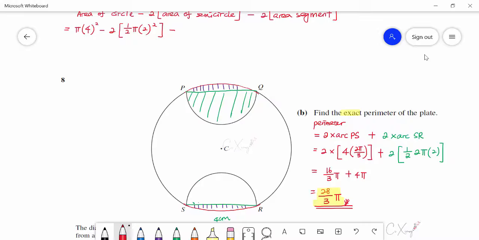So to get a segment, generally we use the area of the sector, the area of this whole sector, okay, minus the triangle area. So sector minus the triangle area, I will get the segment area. Okay, so 2 times. The area of a sector will be half r squared theta.